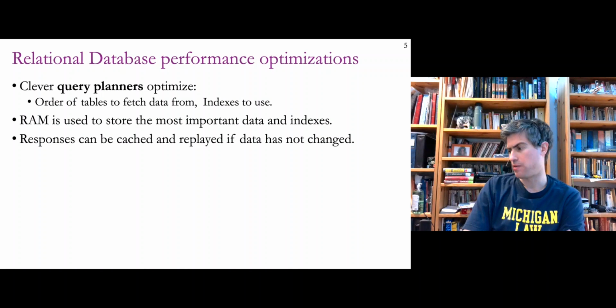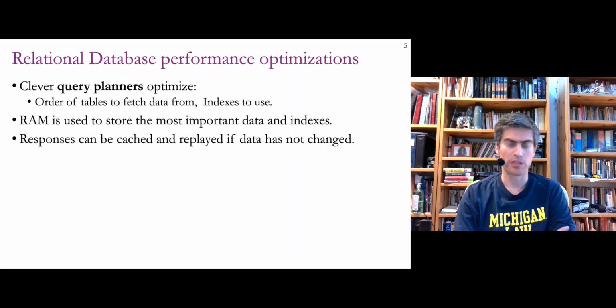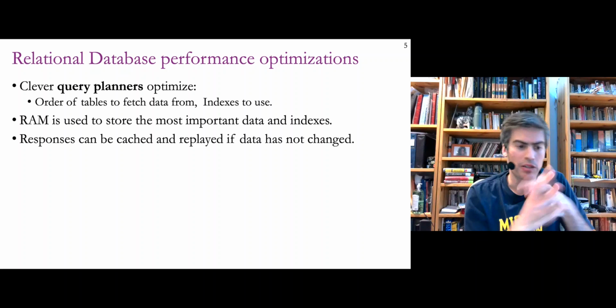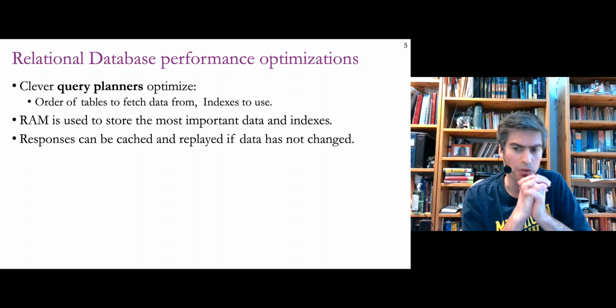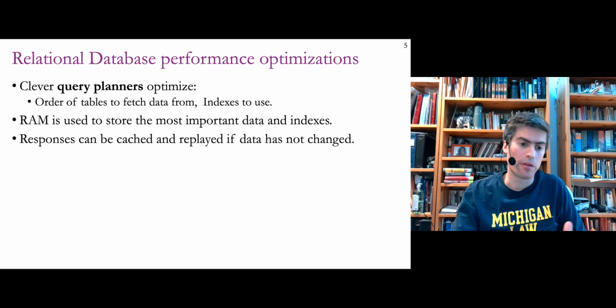As a side note, before we get into those horizontal scaling issues, another thing I want to mention for relational databases is that in addition to just getting a faster machine, there are features built into the database to make it efficient. One of those is a query planner.